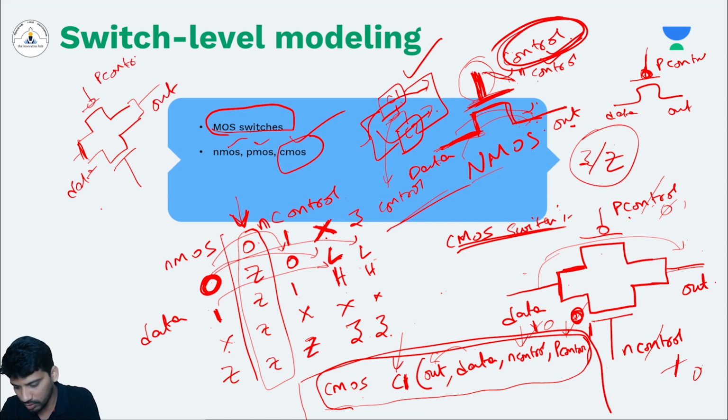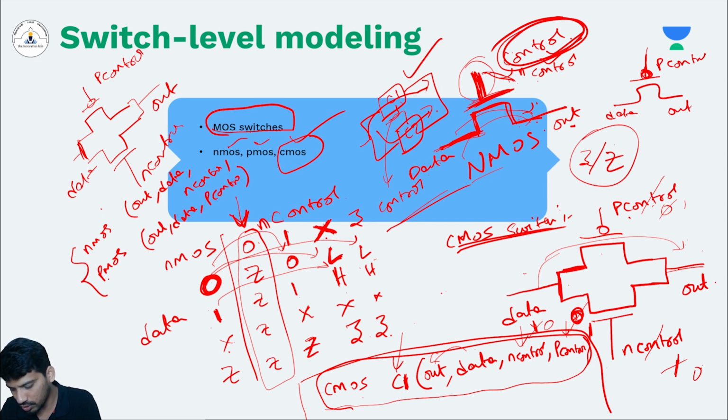This is P control and this is N control, right? So if I write NMOS of out comma data comma N control, and PMOS of out comma data comma P control.